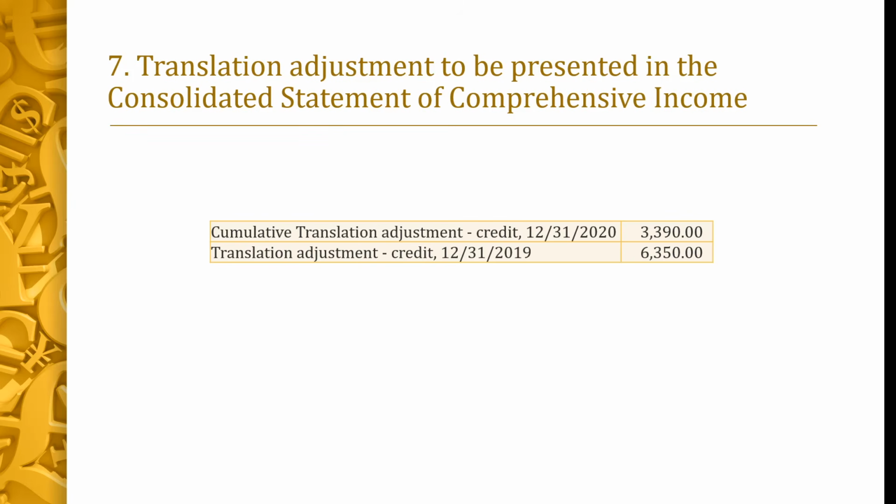Ngayon, may balance tayong 3,390, pero last year, may balance na 6,350. So ano nangyari sa translation adjustment account during the year 2020? It decreased by 2,960. Anong tawag natin dyan? That is change in your translation adjustment during 2020.